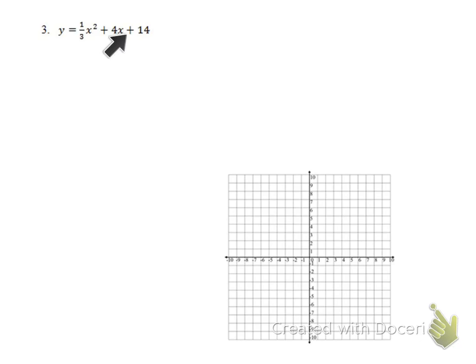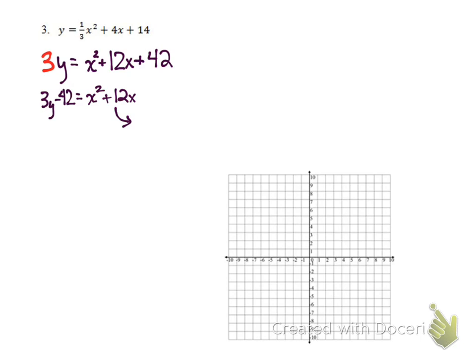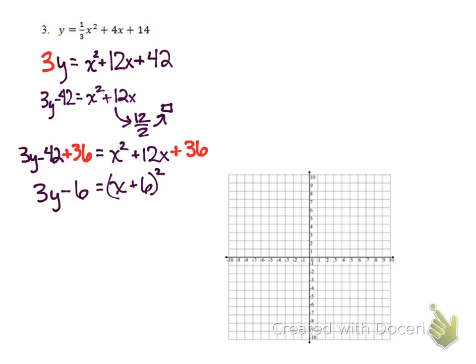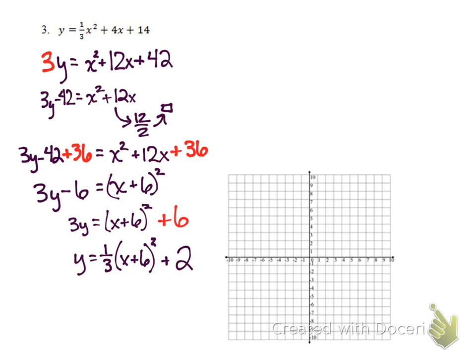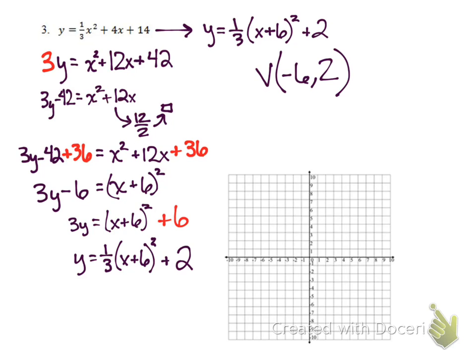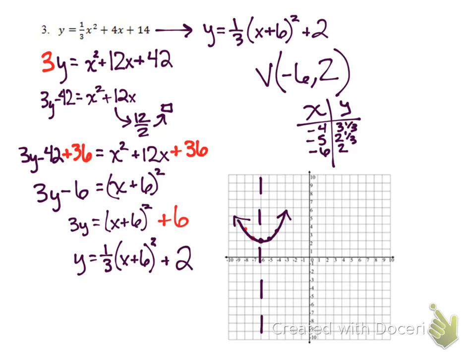We're going to have to multiply everything by 3. That's the same as dividing by a third, but we'll multiply everything by 3. So if I plug in numbers right by -6, I'm going to get outputs that are fractional.